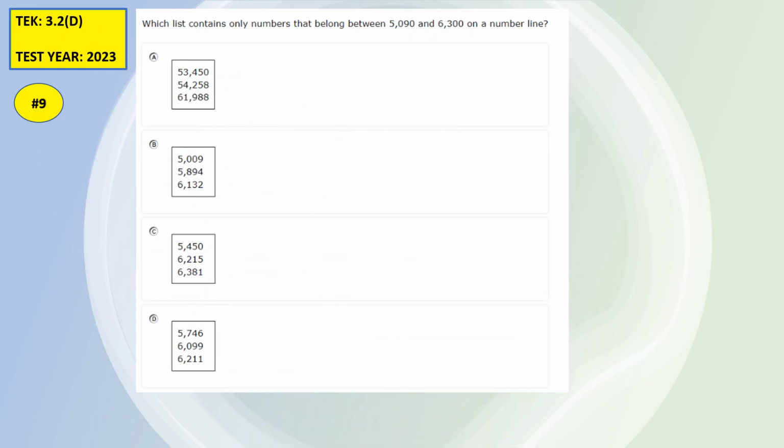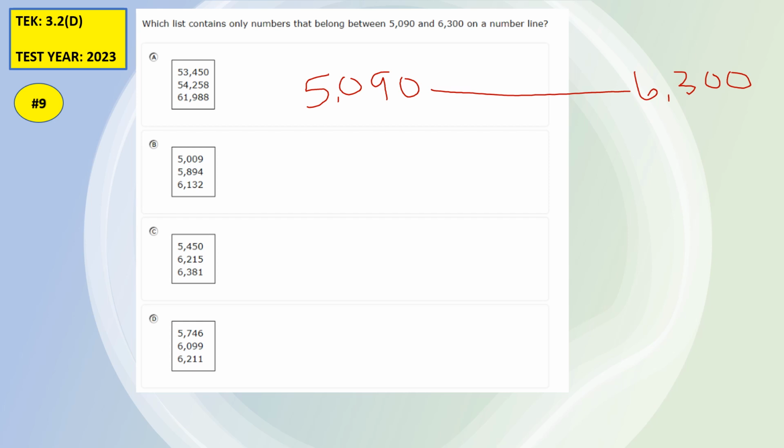Now let's take a real look at number 9. It says, which list contains only numbers that belong between 5,090 and 6,300 on a number line? So that means if I had 5,090 on one end and 6,300 on the other end, then I could only choose the list of numbers that would be in this area.